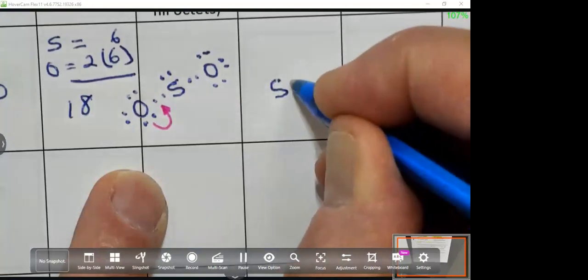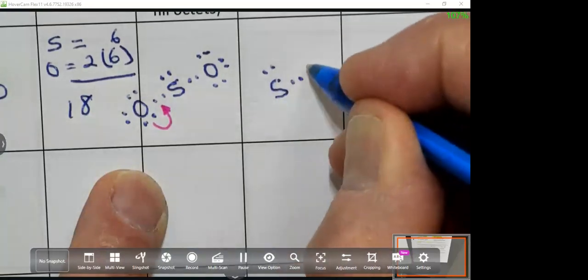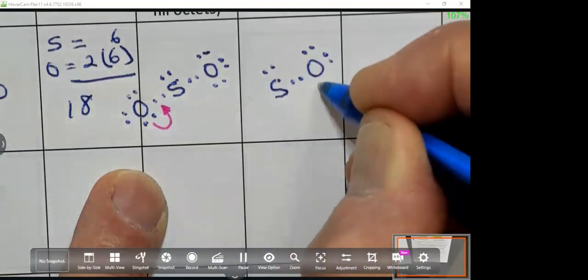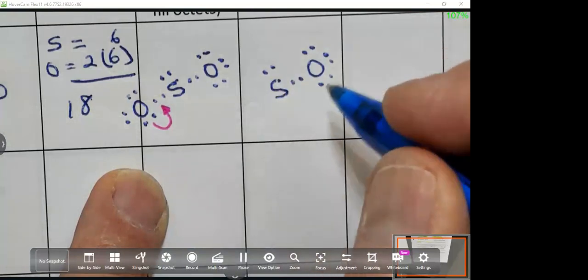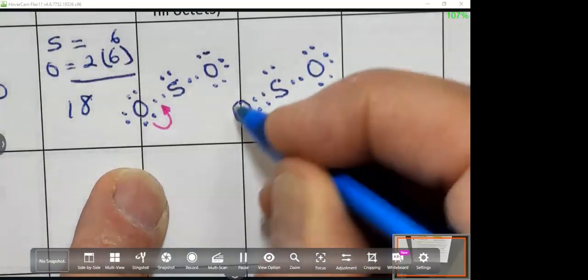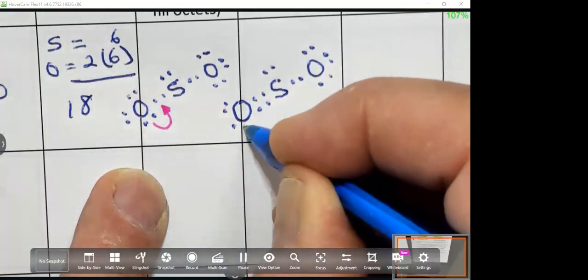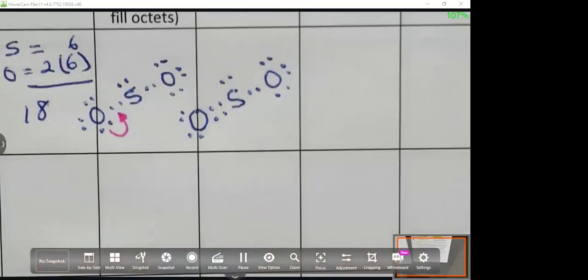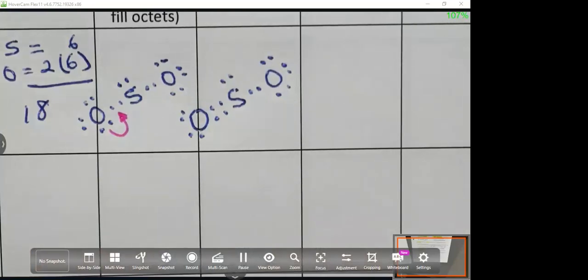So I drop them in here. Okay. Sulfur's happy, yes?